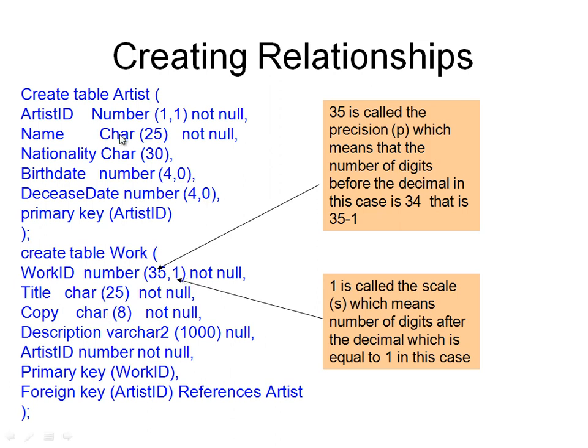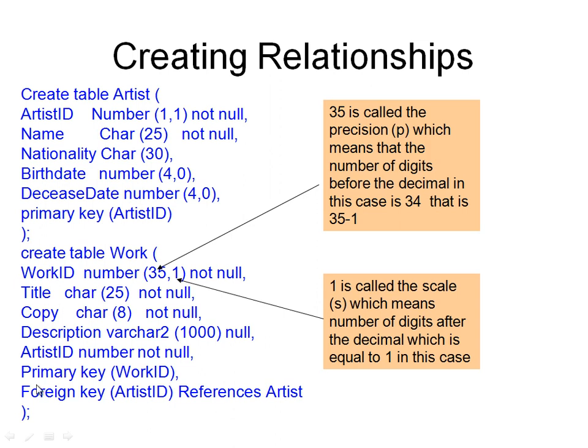For the character or variable character, the 25 is the size or length of that character. All we did, as you can see here, is we have the column name, we have the type, we have the optional constraint.